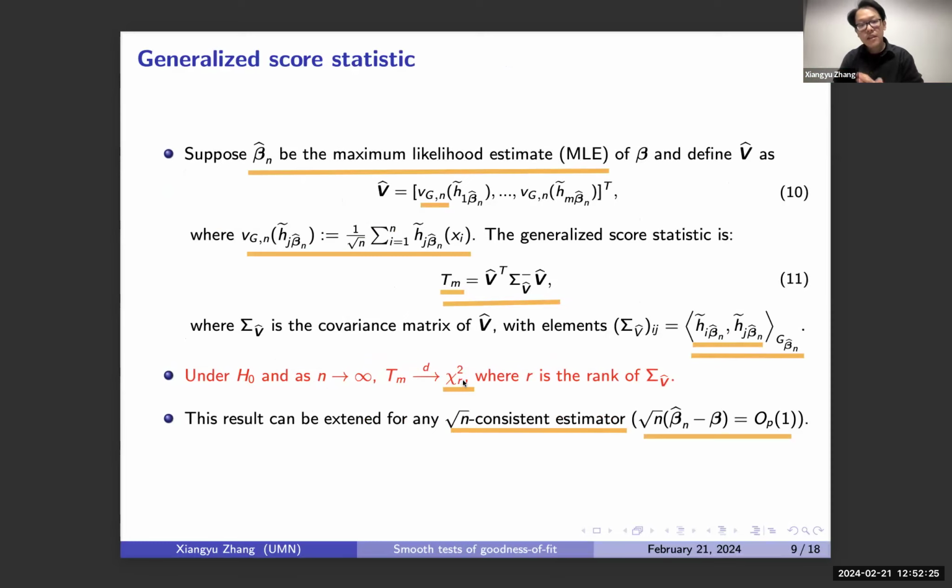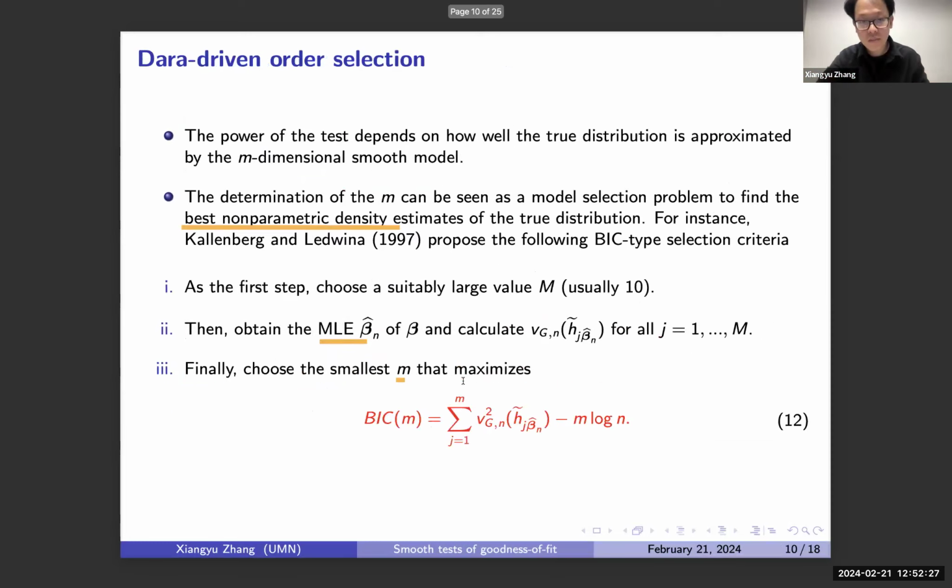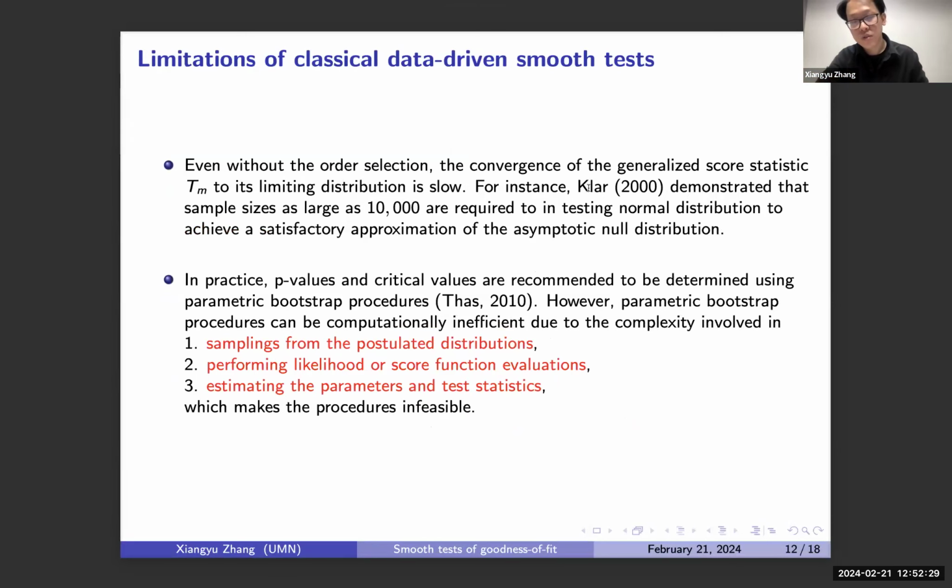But indeed, some simulation results show that, for example, Clar 2000 demonstrated that a sample size as large as 10,000 is needed when testing a normal distribution, a very easy distribution, to achieve a good approximation to the chi-square-R distribution. So that sample size is too large in practice, so we cannot afford this. That's a problem.